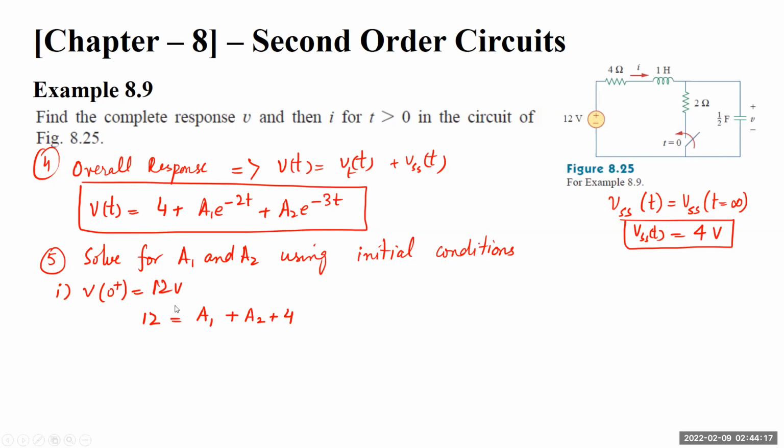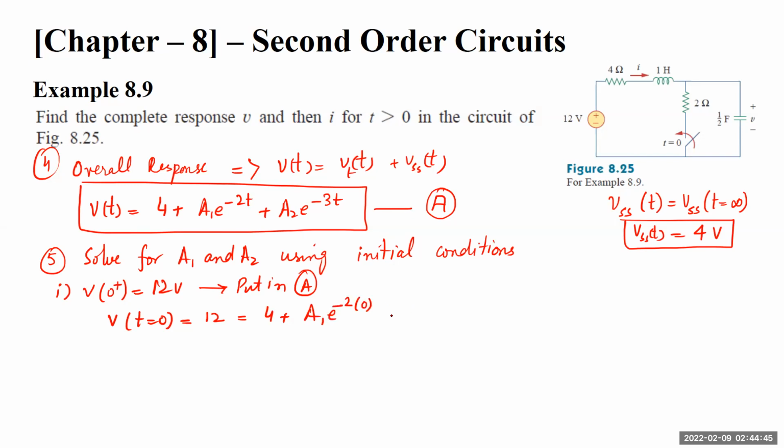I'll solve it for you. V of t at 0 is equal to 12, which is equal to the overall response. Putting in 12 equals 4 plus A1 e raised to power minus 2 times 0 plus A2 e raised to power minus 3 times 0, this becomes 8 equals A1 plus A2.